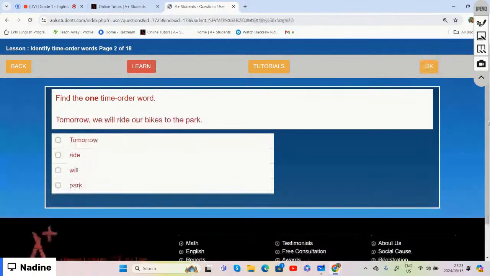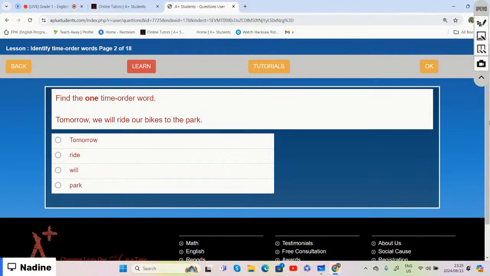Find the one time order word. If we were to find one time order word, it is tomorrow.